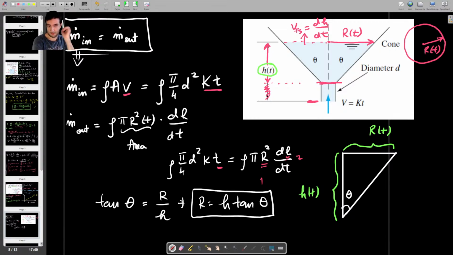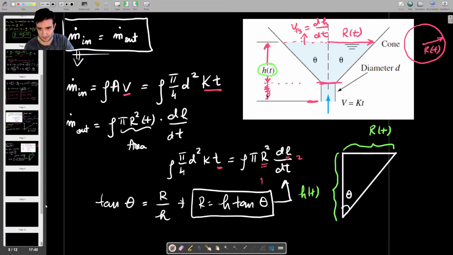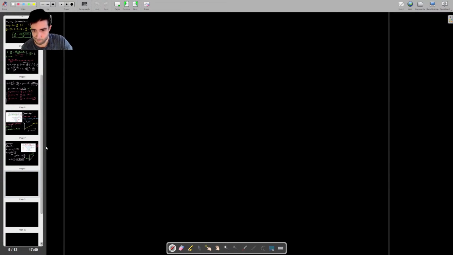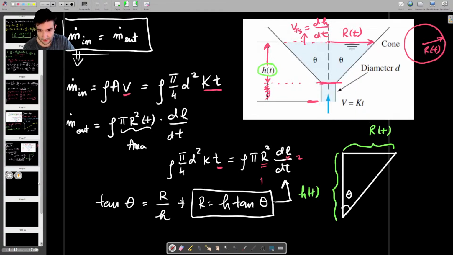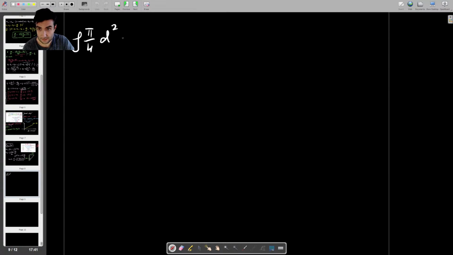Okay, so this makes our life a bit easier because when we plug this back in, we don't actually have to worry about having two variables. We just have h and of course t. So let's do that. I have rho, and then I have pi over 4, I have d squared, and I have kt.